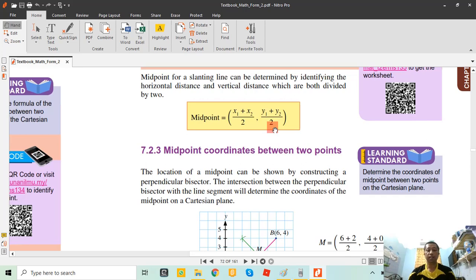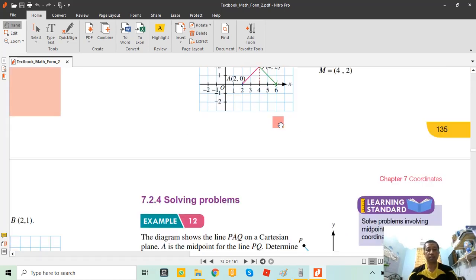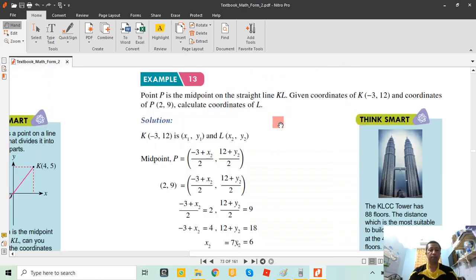And this formula of midpoint is good if you want to find midpoint in the slanting line, or if no diagram is given and we only have the coordinates. So this formula is very good to use. But if you have the diagram, you can use the diagram by counting the number of square on the grid in the Cartesian plane. Okay, so let's go to textbook exercise 7.2.